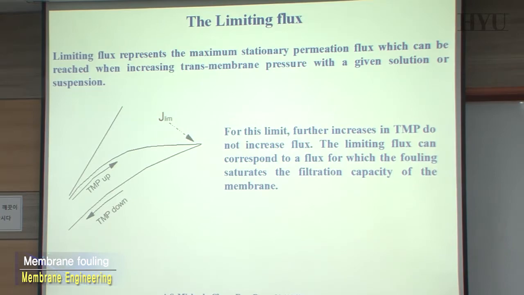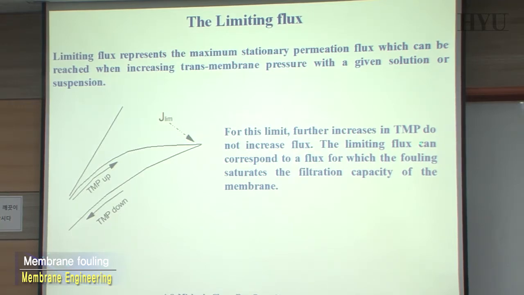Okay. Remember that we defined already also limiting flux. The limiting flux is not the critical flux. Limiting flux is this one. And when you approach the limiting flux, no further increase in transmembrane pressure is effective. You can increase the pressure, the flux will be constant, will go always here.